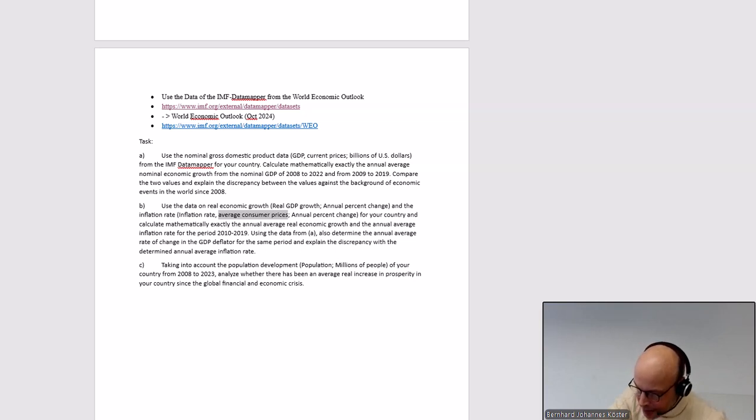Now using the data from task A, also determine the annual average rate of change of the GDP deflator. And then you shall compare the average rate of change of the GDP deflator with the average inflation rate. And in order to do this, you have to know what is the GDP deflator.